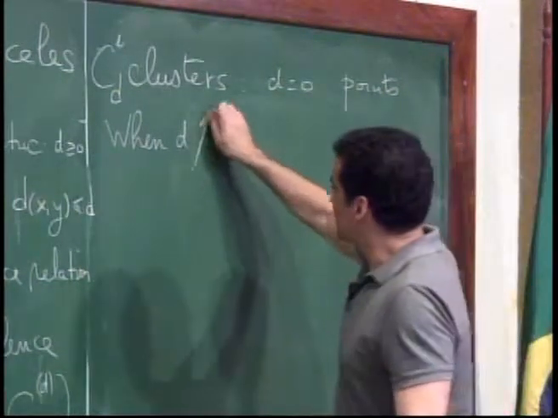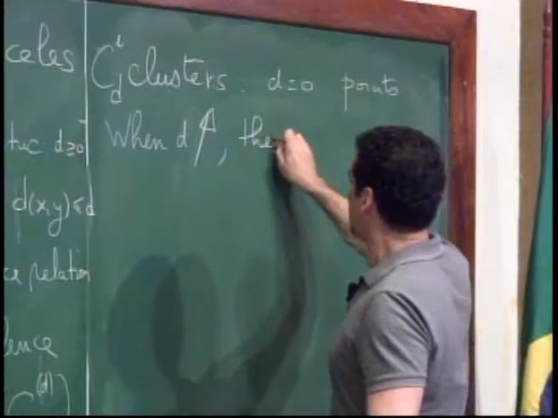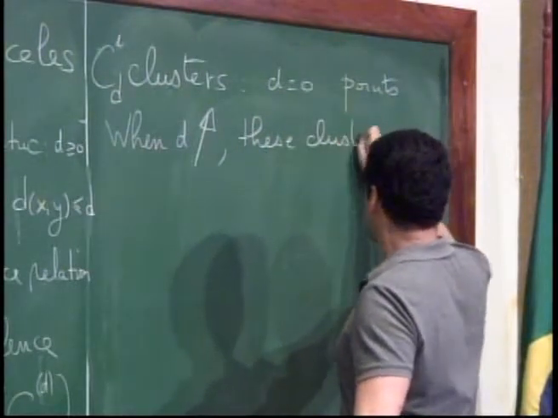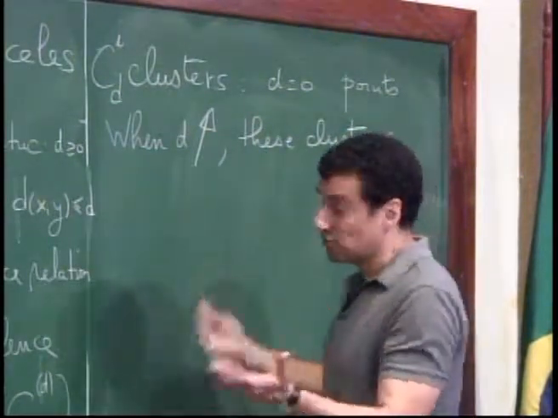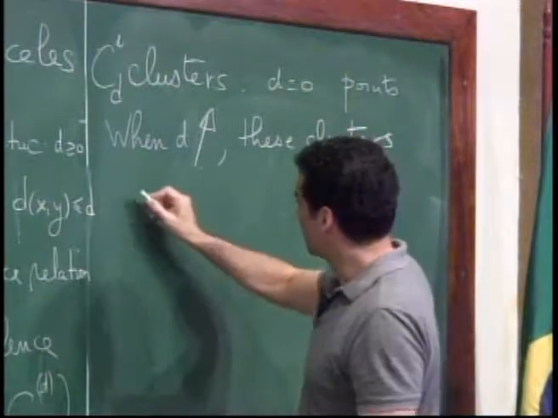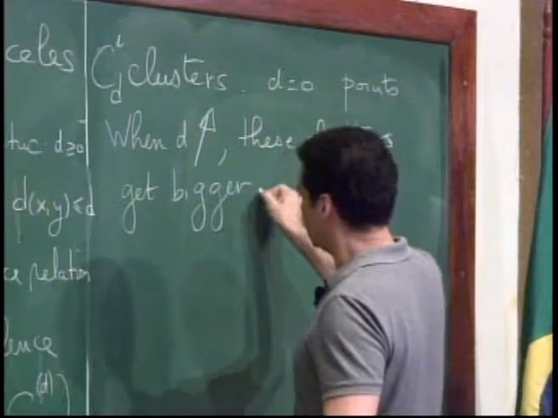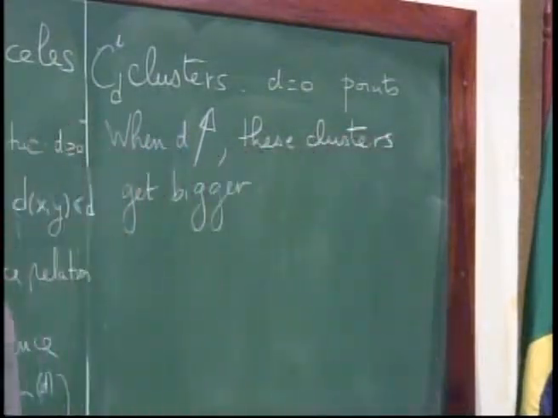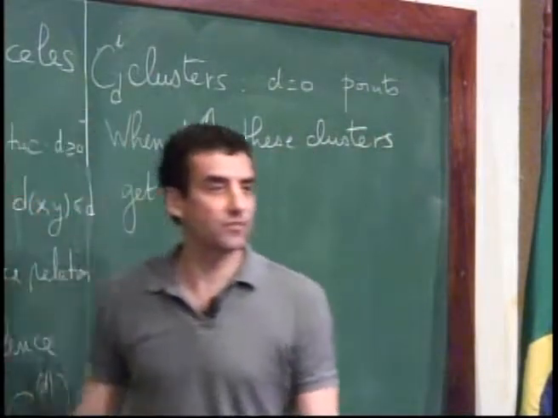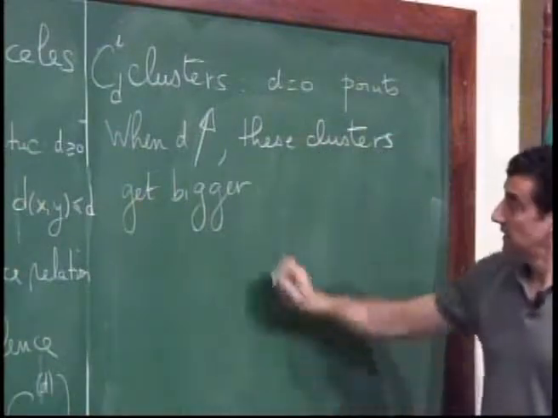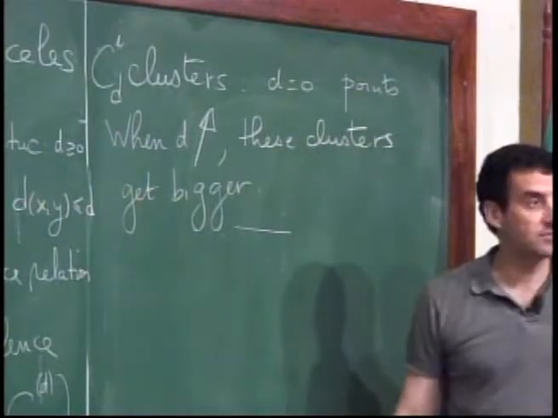When d increases, these clusters gather together and get bigger. You have small clusters gathering into larger clusters. So this creates a tree structure.